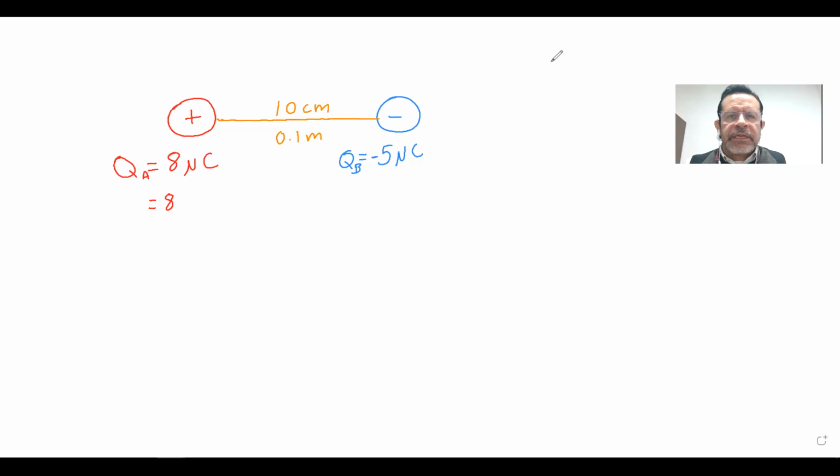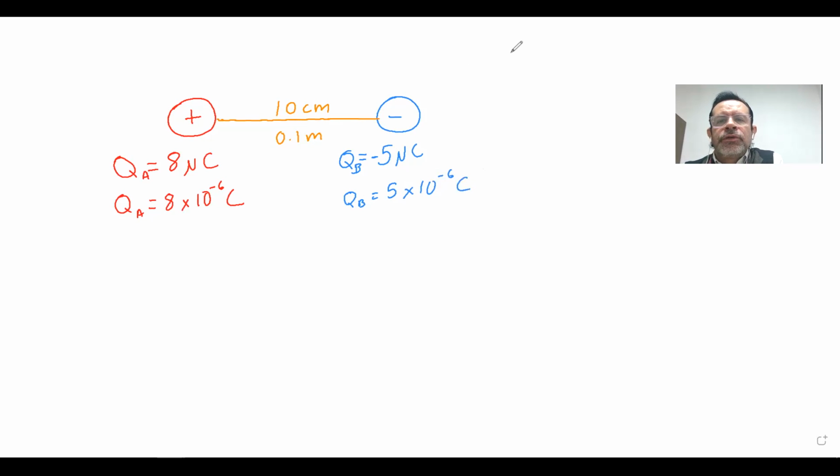It's -5, and the 8 microcoulombs is actually 8 times 10 to the -6. And the 5 microcoulombs are going to be 5 times 10 to the minus 6 coulombs.